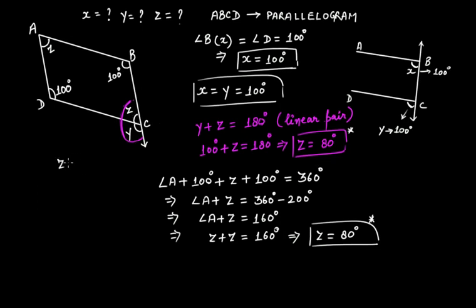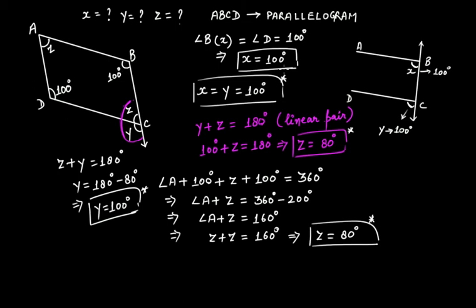So Z plus Y is equal to 180 degrees, and we know the value of Z, that is 80 degrees. So Y is equal to 180 degrees minus 80 degrees. This gives you Y is equal to 100 degrees. It's exactly the same as this one. So you can see that there is more than one way to solve any problem, right?